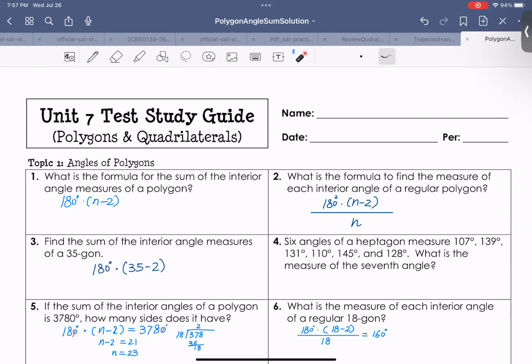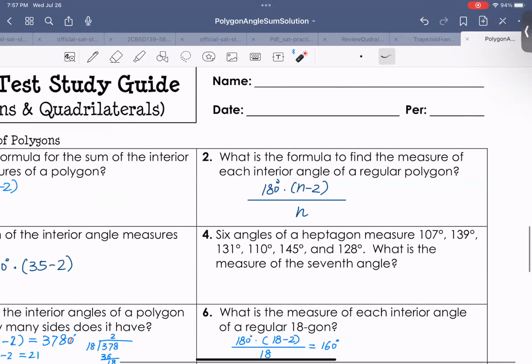Steven, let's try number 4. You have all these 6 angles, but they didn't tell you the 7th angle. How do you get the 7th angle in degrees? You need to find the total of the angle measurements.